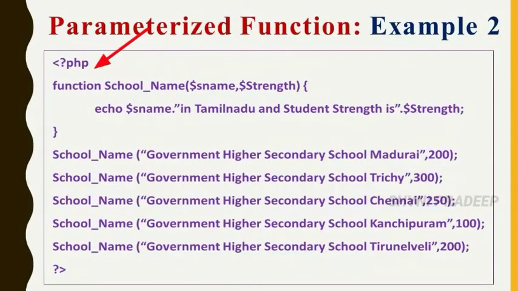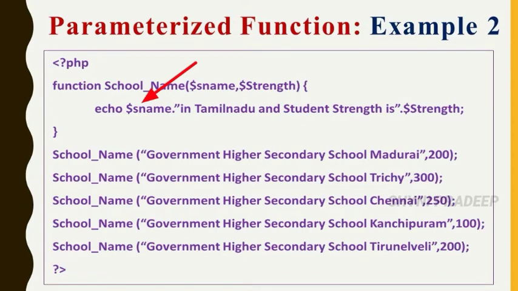Okay. See the next example. This is the opening tag, this is the closing tag. Here two parameters are given. School name is the function and two parameters are given, that is name and strength. And within the curly braces, echo name in Tamil Nadu and student strength is.